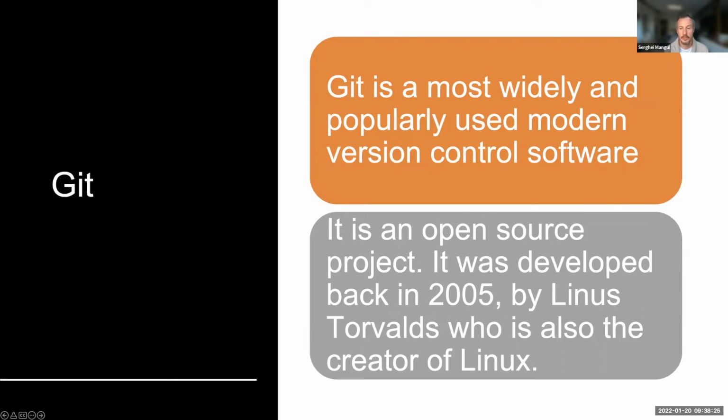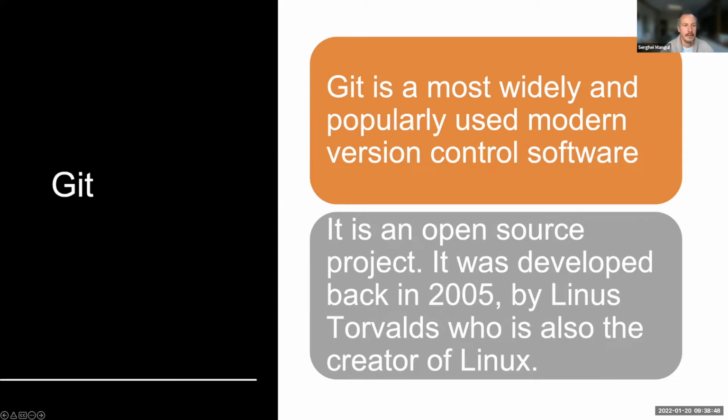It's an open source project developed a while ago, in 2005, by the person who also created Linux. It's all about open software and people committing resources and time to develop open software to make the world better. I think that's a very nice initiative.